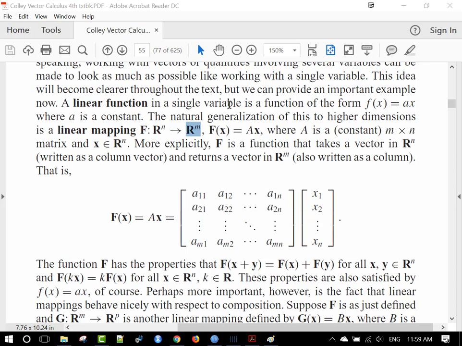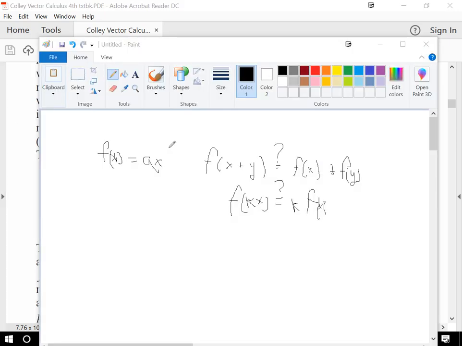Okay, so we were trying to talk about linear mappings, and they're suggesting somehow that doing this is a linear mapping. For something to be called a linear mapping, it needs to satisfy two properties. So does this function satisfy those properties?